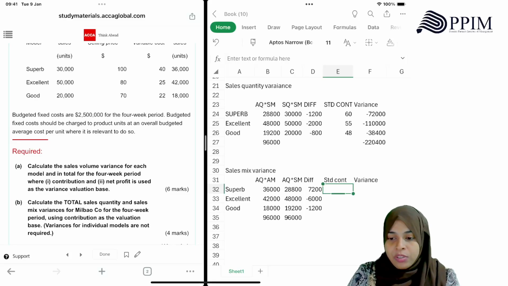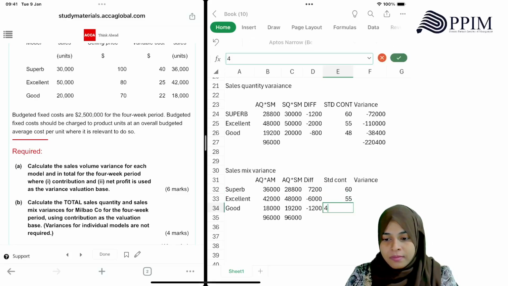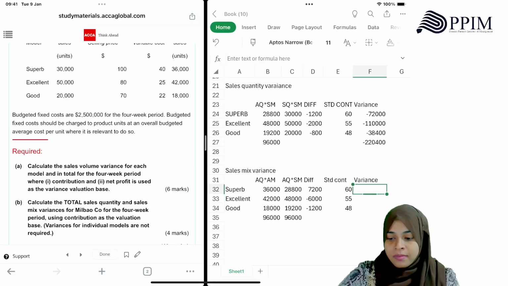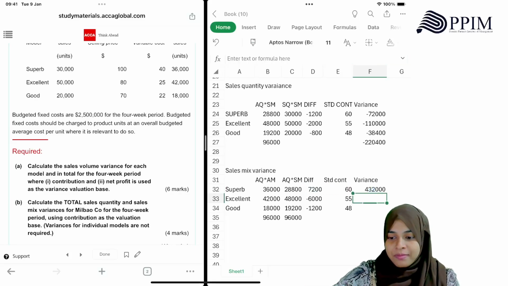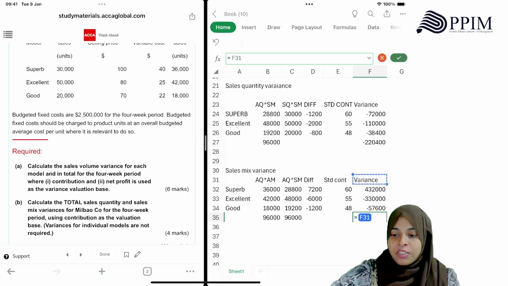Multiply by the standard contribution. And get your answer. It's pretty simple, right? Variances are very easy.